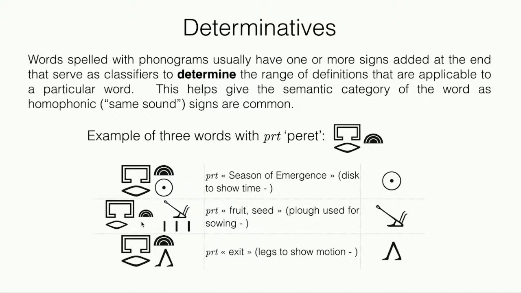Okay. The next word here, even though we pronounce it the same and transliterate it the same, has a plow and three strokes. So they would know that this word has something to do with farming or the actions of farming or sowing seeds or whatever the case is, because it's a plow. Then the last word and its last glyph as a classifier is legs in motion.